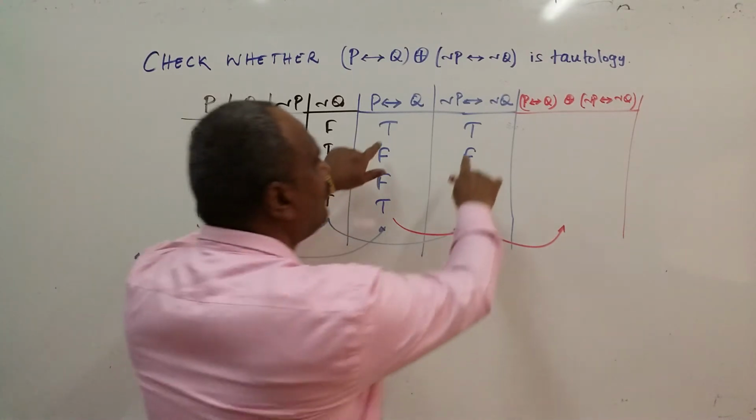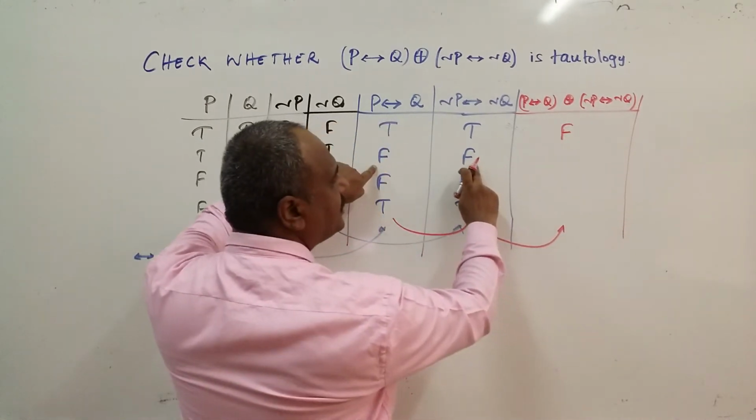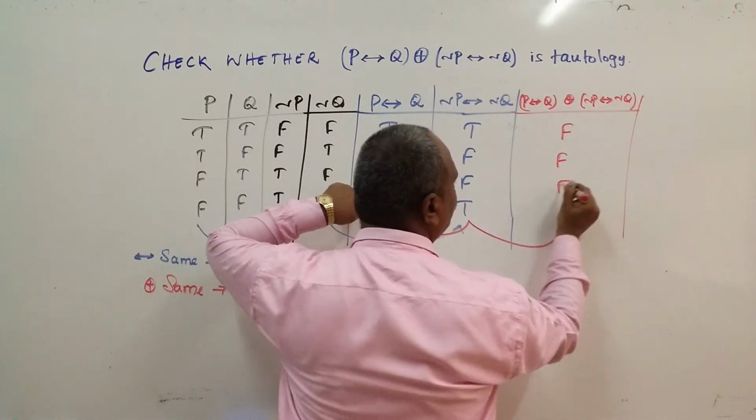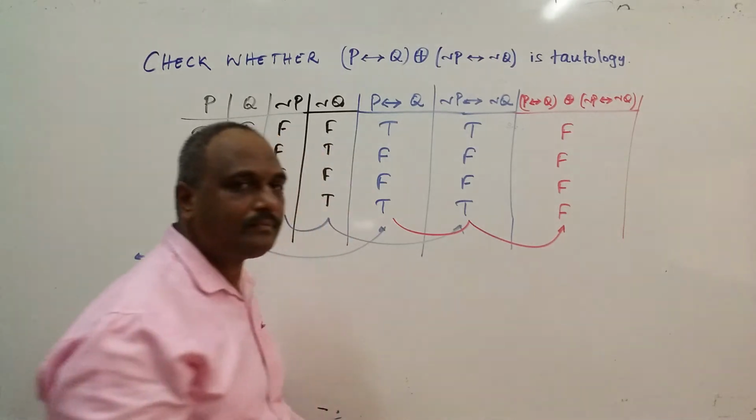I am going to check here, both the statements are same, the result is false. Both the statements are same, the result is false. Both are same, the result is false.